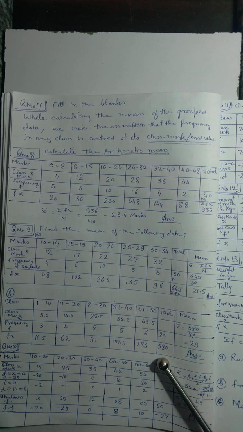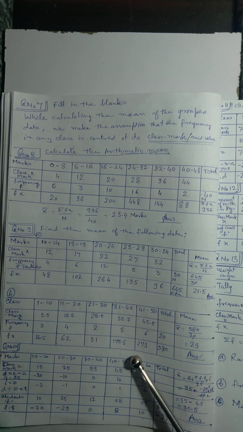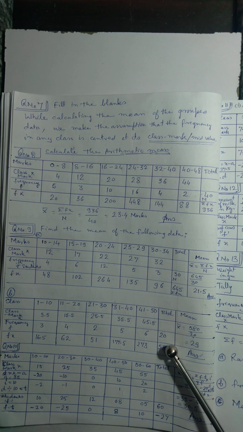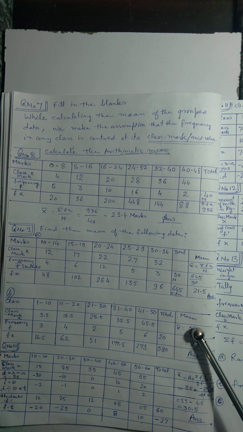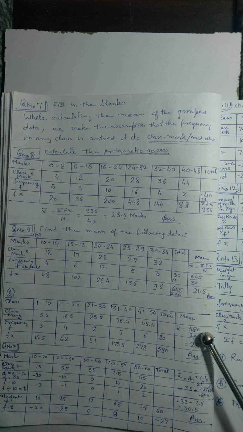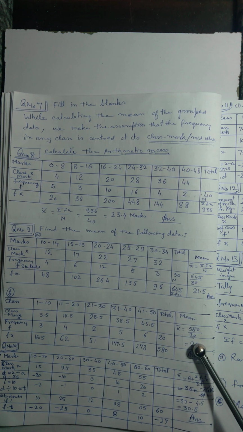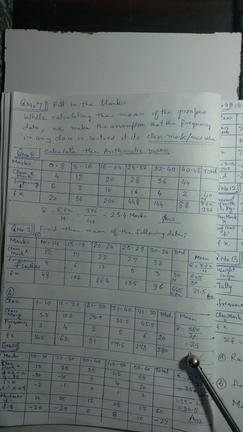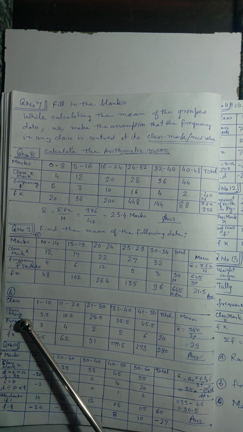This is the total. So the summation of fx is 580. Summation of frequency is 20. So in order to find the mean x bar, that is 580 divided by 20, that will be equal to 29. And 29 is the answer of B part, question number 9.